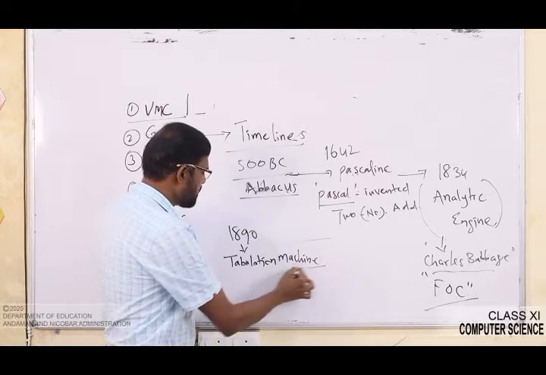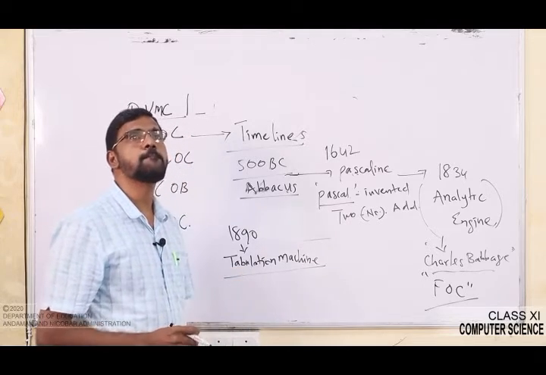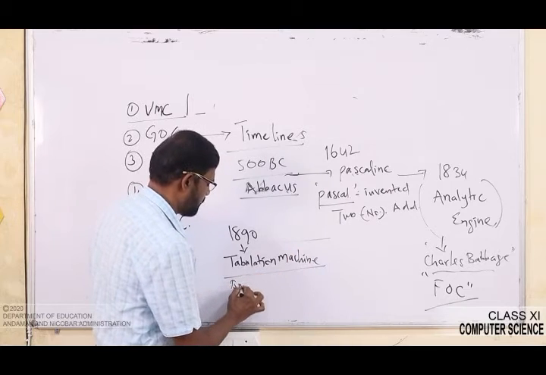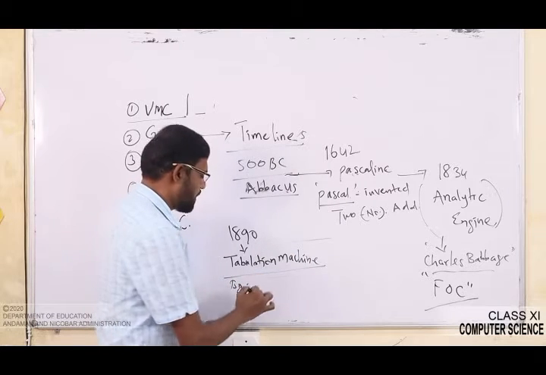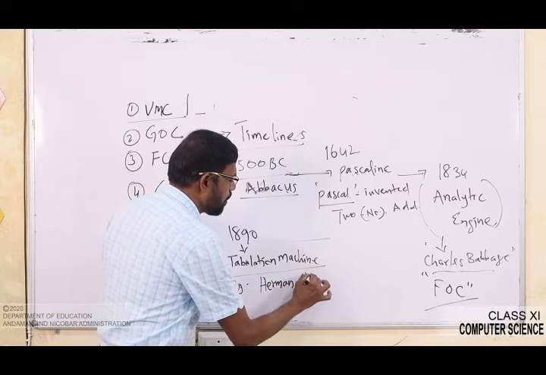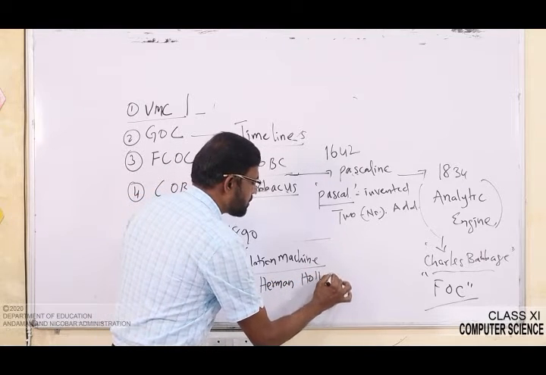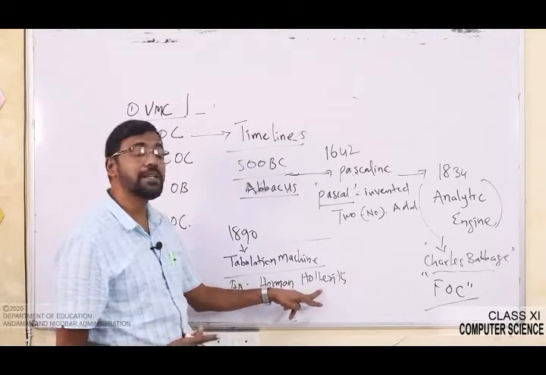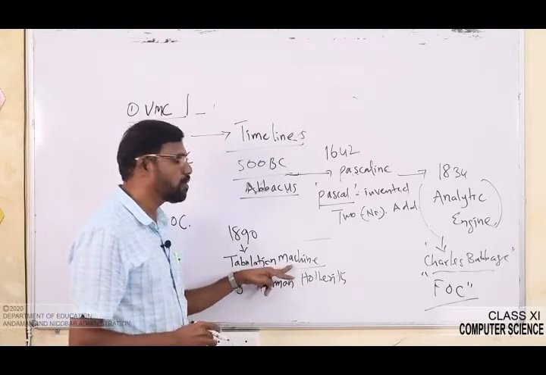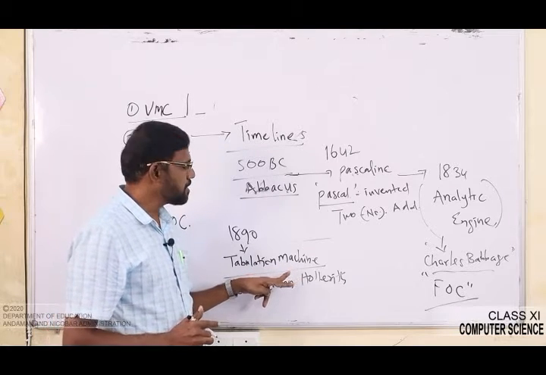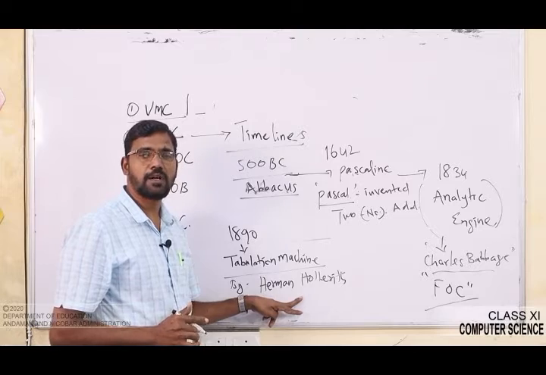This tabulation machine was developed by Hermann Hollerith. Hermann Hollerith invented the tabulation machine, which also did calculation.